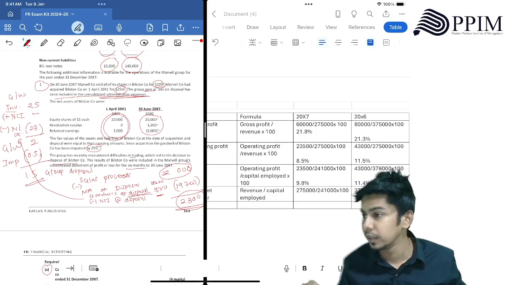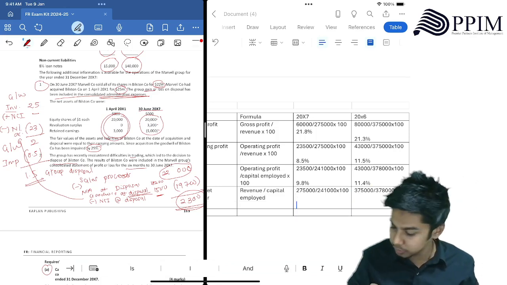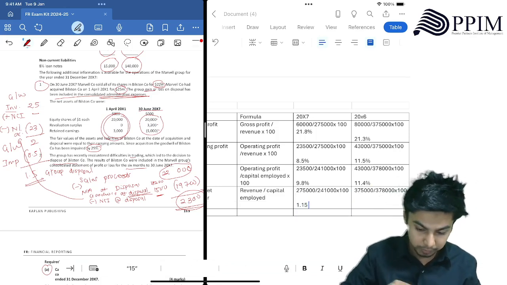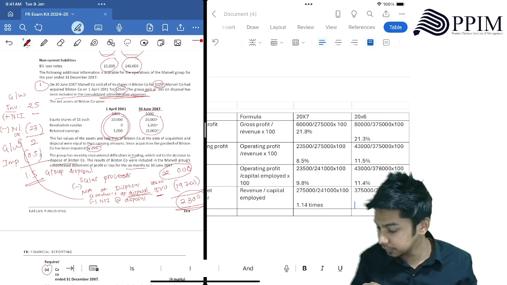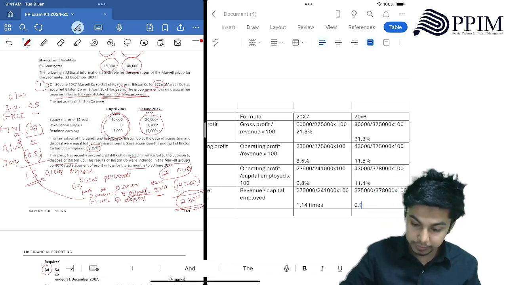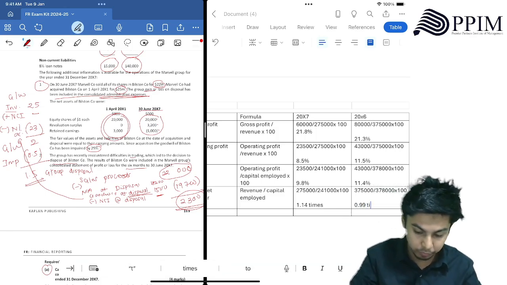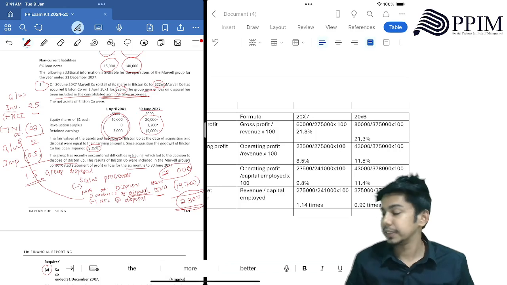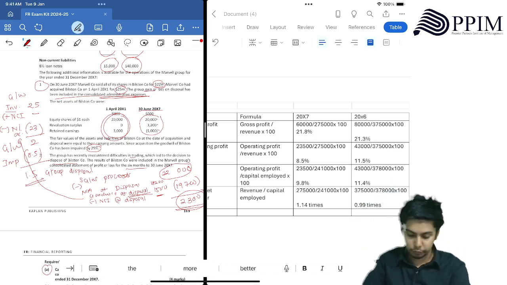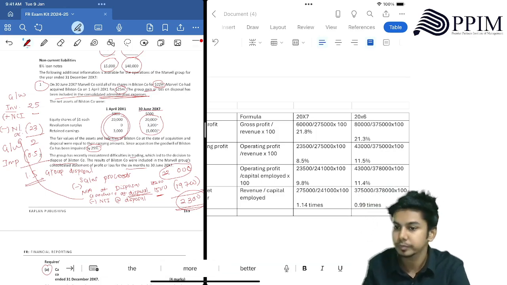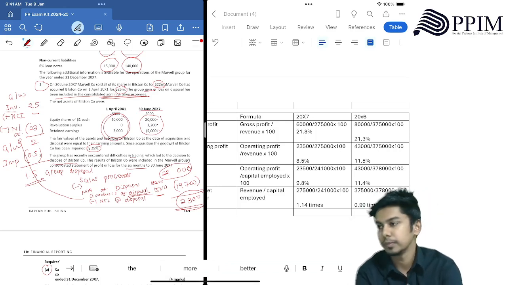Right. Then, last one, net asset turnover. Over here, there's a small change, 1.14 times. Whereas over here, 0.99 times. Okay. Right, guys, these are the answers for the ratios.